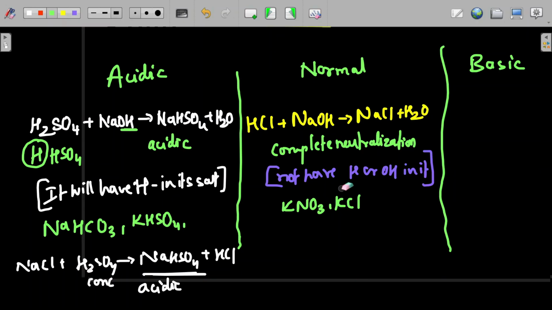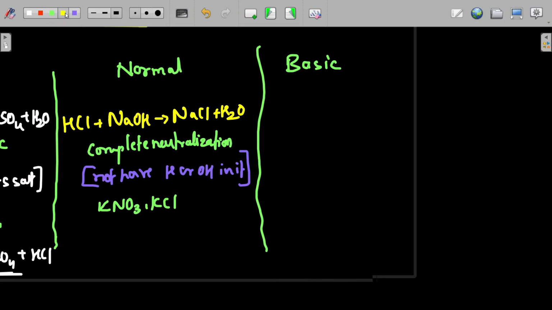Coming to basic salts. Now what should you have? You should have a base whose acidity is more than 1, meaning it should have more than one OH. NaOH can never form a basic salt. KOH, no. But take Mg(OH)2. It has 2 OH and I am treating it with HCl.